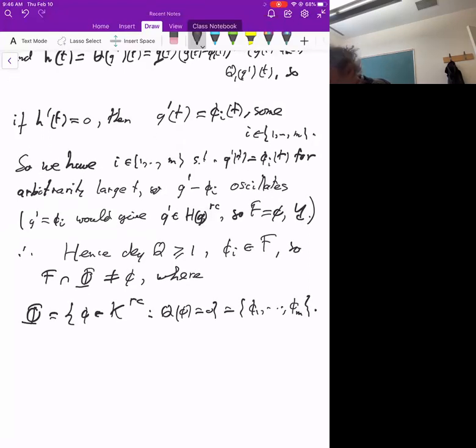Now, the next thing is that I claim that it's actually just one element that is in this intersection. In other words, phi_i is the only thing in the intersection. Suppose otherwise.